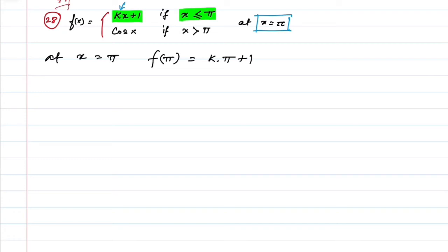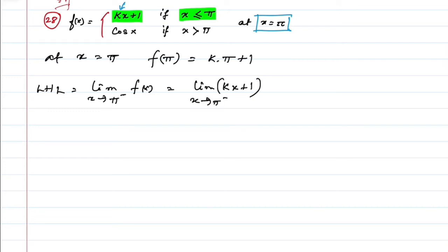Now the left hand limit, limit x tends to pi negative f of x, for x less than pi again it is kx plus 1. Replacing x by pi, we get k pi plus 1.